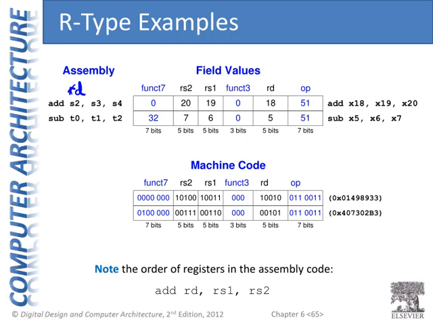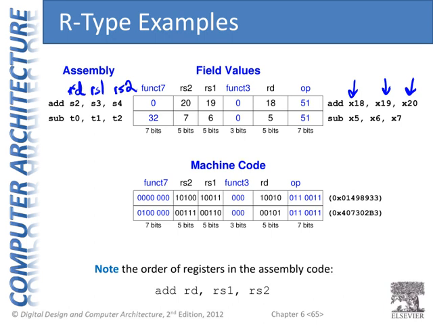And then we have our 2 source operands, RS1 and RS2. You can go back to that register page to figure out, well, let's see, S2 was register 18, S3 is register 19, and S4 is register 20.